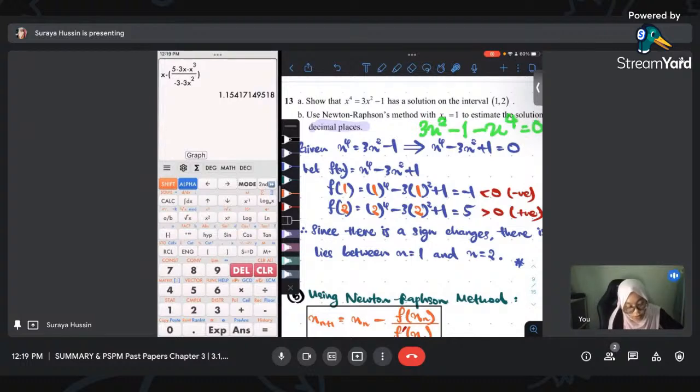Okay, so yours and your friend might not be the same. Both of them will give you the final answer, the same final answer. You jangan kisah, you jangan takut kalau your F is not the same as your friends. Okay, because the answer will be just the correct answer, no matter what your function is.